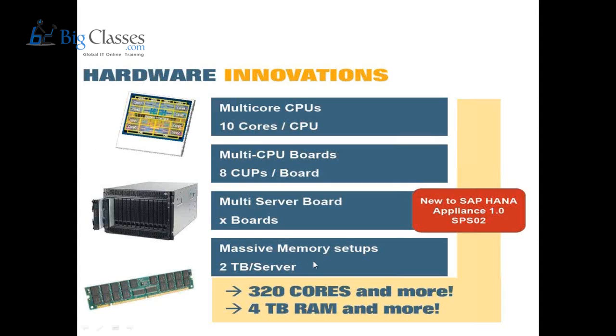So a massive memory setup, 2 terabytes of RAM. So you have 320 cores waiting for you to execute your query, and 4 terabytes of RAM that is your live cache. So your data can reside on 4 TB of RAM.